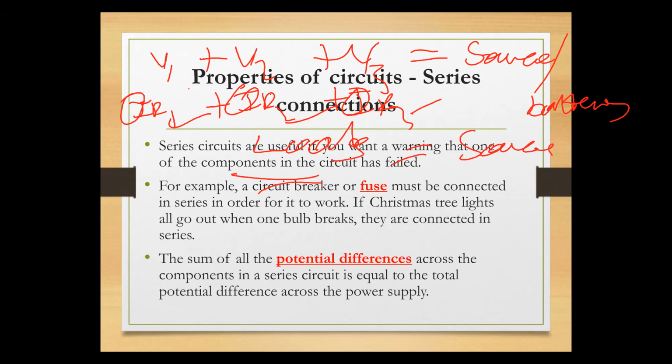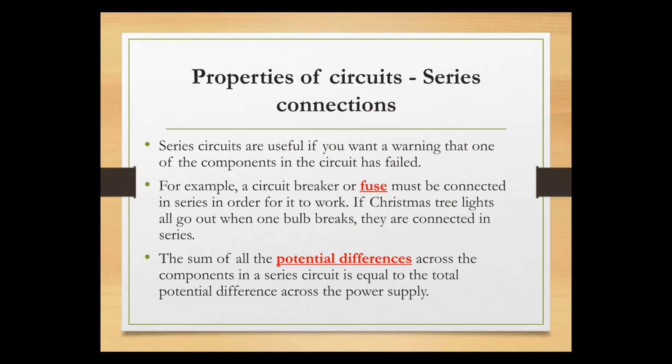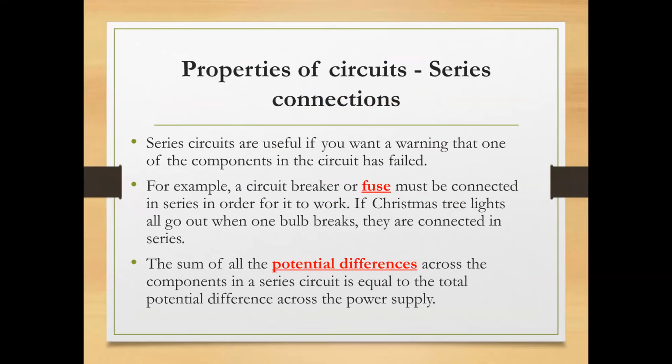That's Kirchhoff's voltage law, KVL. It says the sum of all potential differences across the components in a series circuit is equal to the total potential difference across the power supply. I hope you are answered there in that one.